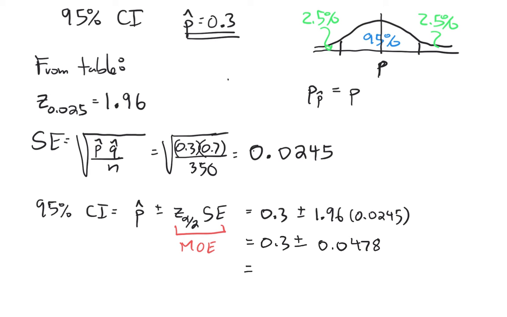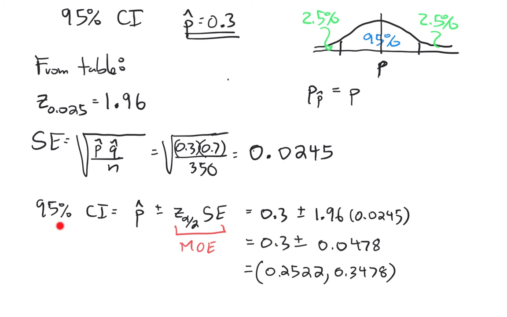So, writing in interval notation, our confidence interval is going to be 0.2522 and 0.3478. So we are happy, and how happy are we?